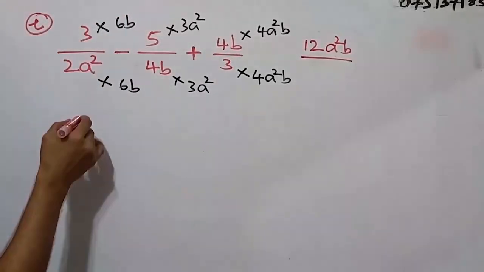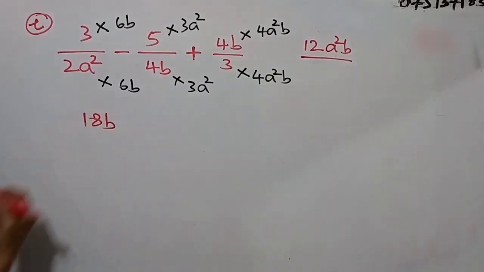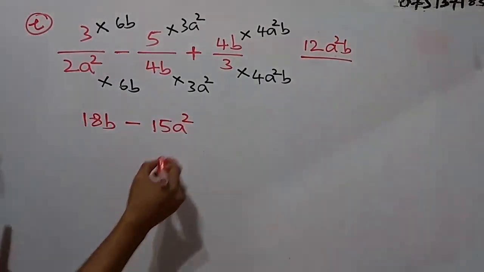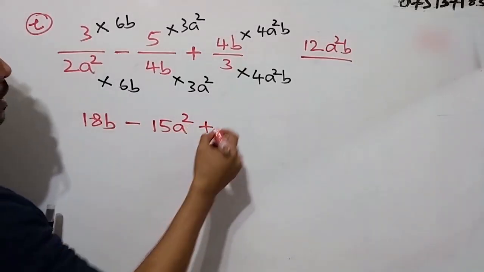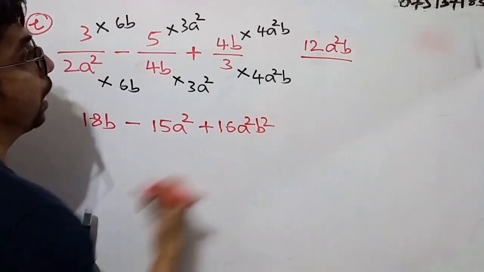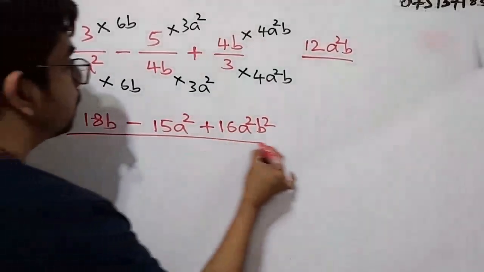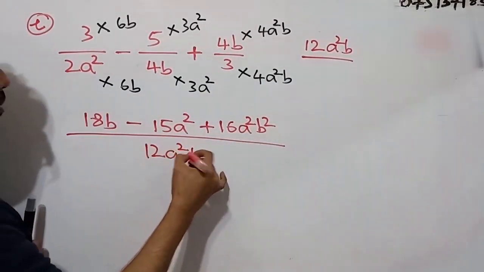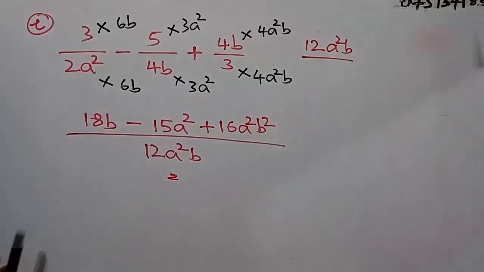Right. So here what will be the value? 18b minus 15a squared plus 16a squared b squared. Then the entire expression needs to be divided by what? 12a squared b. So this will be the answer.